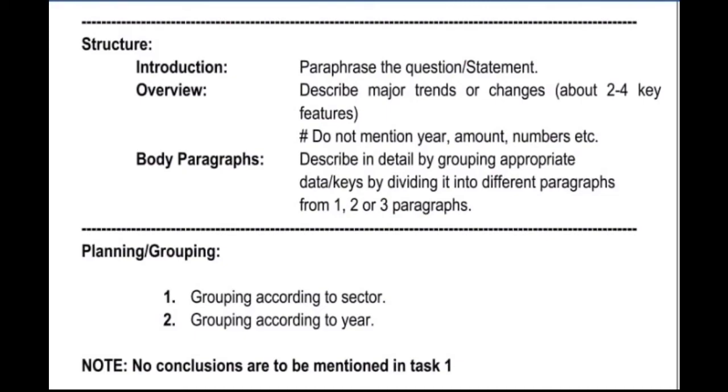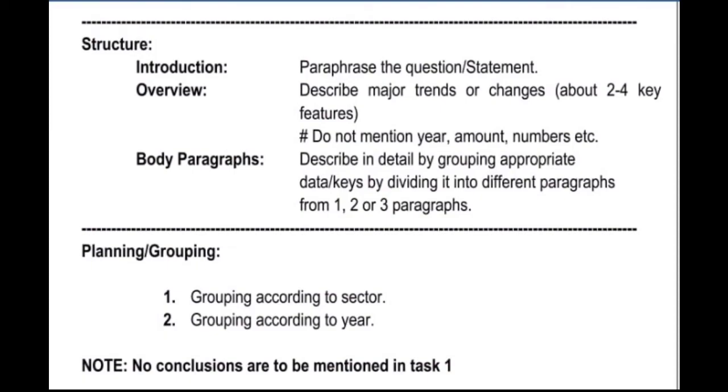Now, we can either specifically choose the highest and lowest contributing factors in your body paragraph, or we can talk about any 4 random industry sectors that are contributing to the economy of Turkey.